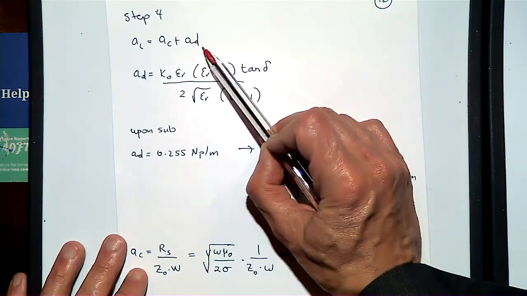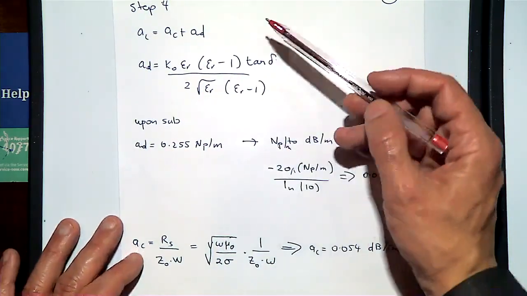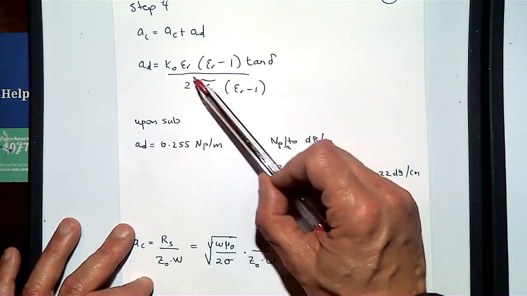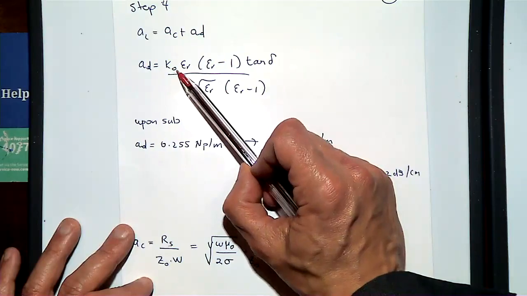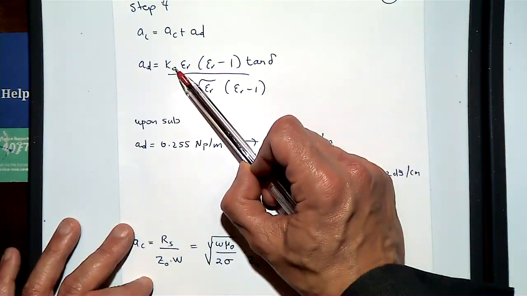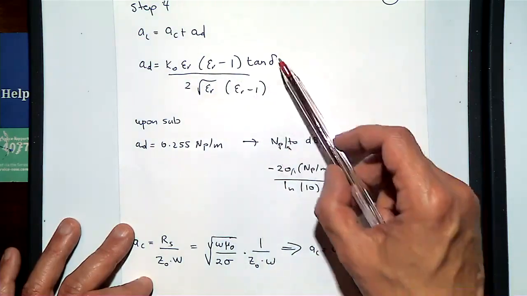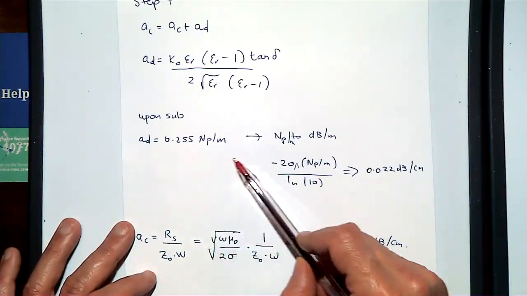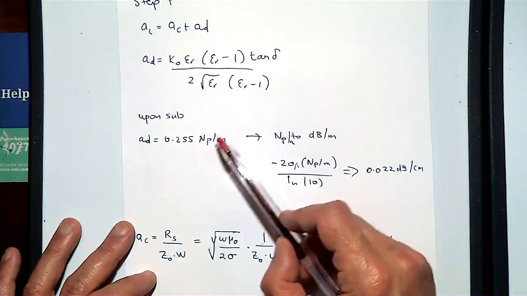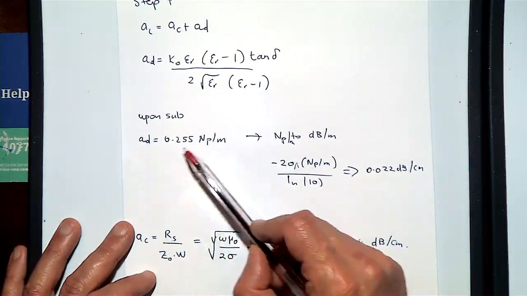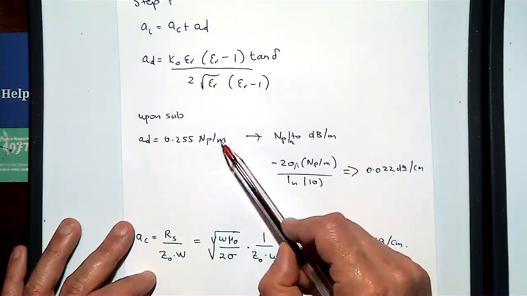Again, these are just the formulae written in terms of 2 pi on lambda, which is k naught, epsilon R, and the loss tangent. If you go through this process, you find that the loss related to the propagation constant is 0.255 nepers per metre.